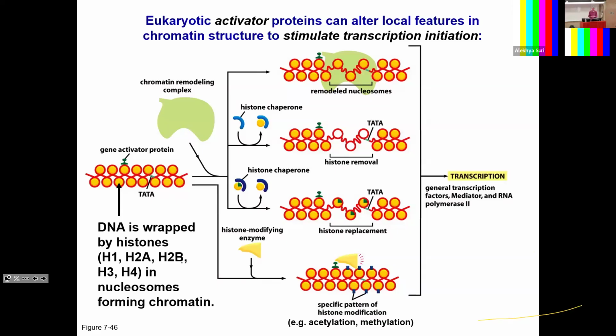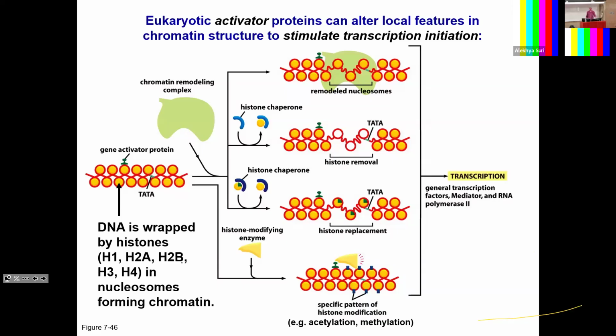So this is called chromatin, which is a structure that can be open or closed. There is a high regulation of accessibility of transcription factors to the DNA, or it's, for example, completely closed.